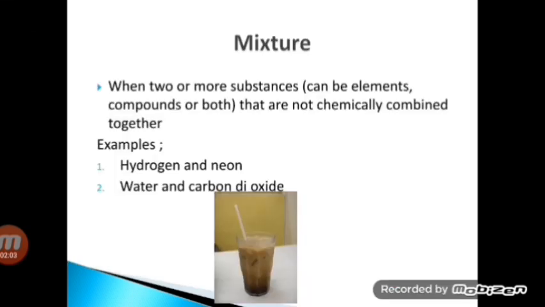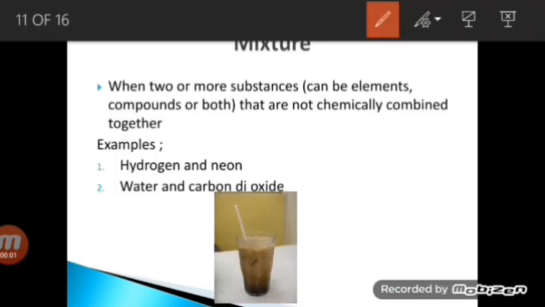Next is a mixture. Have you ever wondered what a sandwich is from the perspective of chemistry? Basically, a sandwich is a mixture. Why is it a mixture? Because you can easily separate out the parts of a sandwich: you can separate out bread, vegetable, and meat.